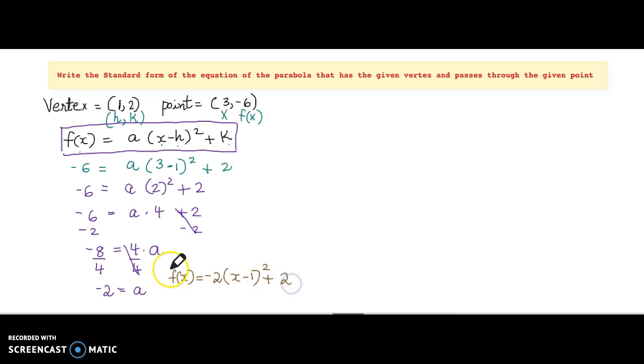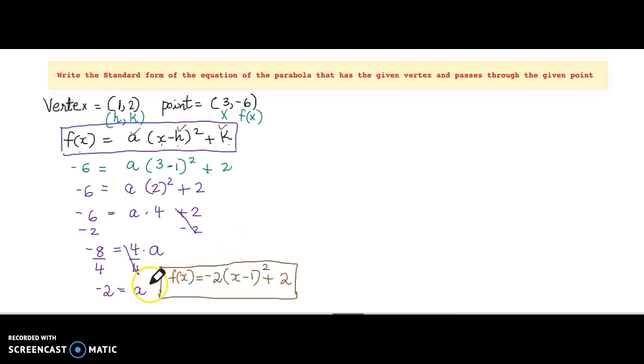In the final answer we don't have to plug in for x and f(x). They stay as variables. We plug in only for a, h, and k. Everything else, f(x) and x, will remain the same in the final answer. This is the vertex form, because the question is asking you to write this in vertex form. That's why we are leaving it like that.